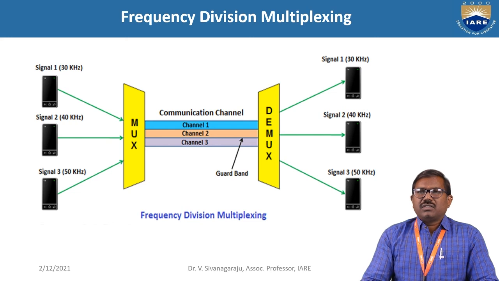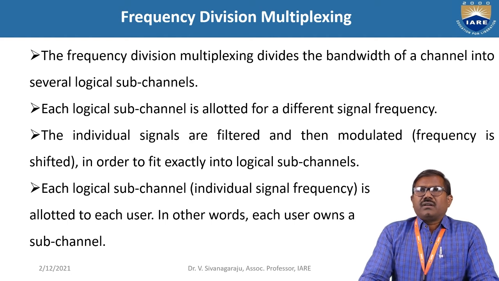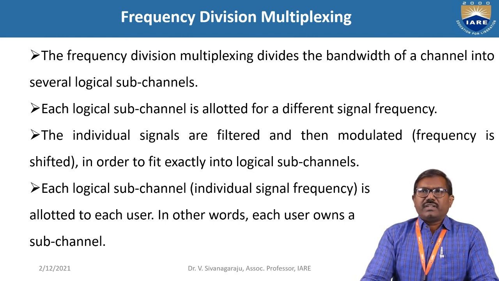In the demux, the reverse process of what was done in the mux is performed. FDM divides the bandwidth of the channel into several sub-channels. That means each sub-channel is allotted for a different signal frequency, so FDM means separation of the signals in frequency.